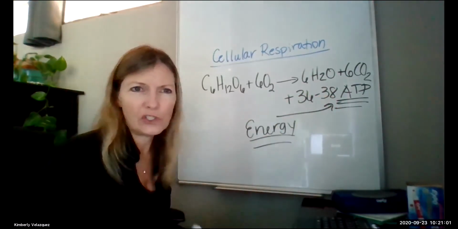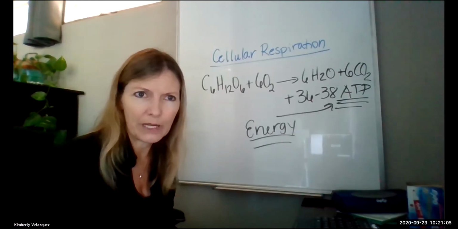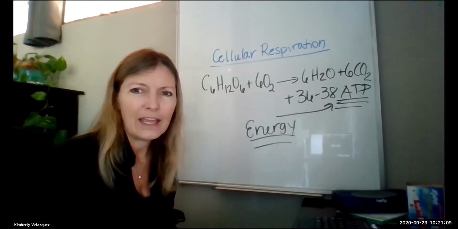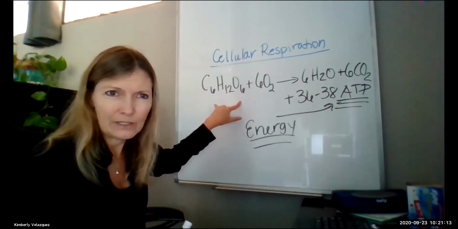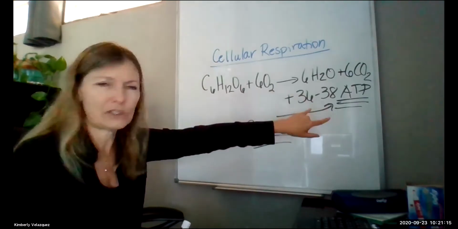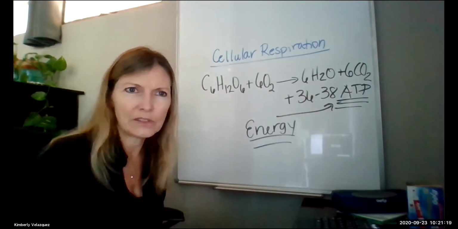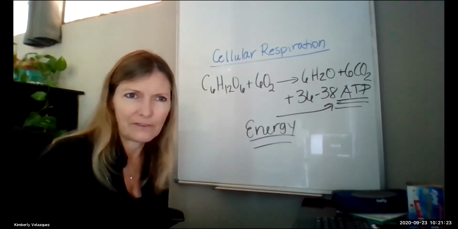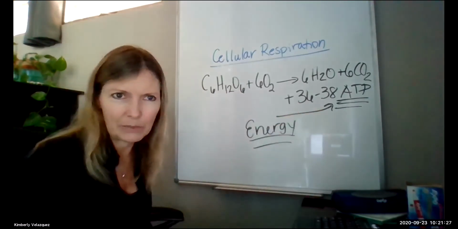And what's crazy is you make and use your body weight in ATP every day. And if you're not eating enough sugars to fuel production of ATP, your body will start breaking down muscles and organs and use those proteins and fats to make sugars that can then be used to make ATP.